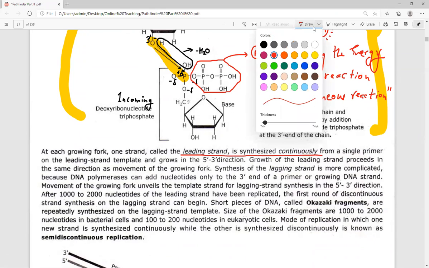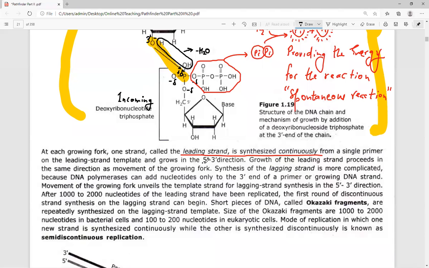So, one strand which is going to be biosynthesized continuously will be referred to as the leading strand of the DNA molecule. Okay. And this leading strand will be biosynthesized in 5 prime to 3 prime direction. Growth of the leading strand proceeds in the same direction as movement of the growing fork.